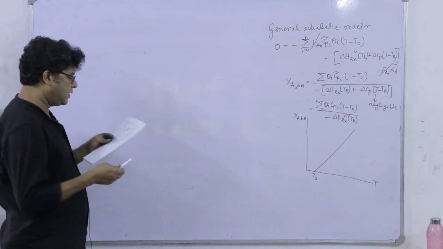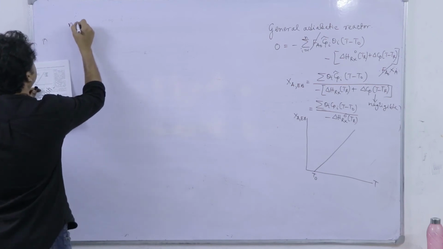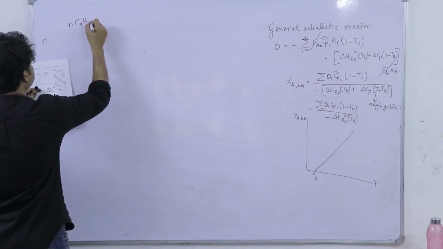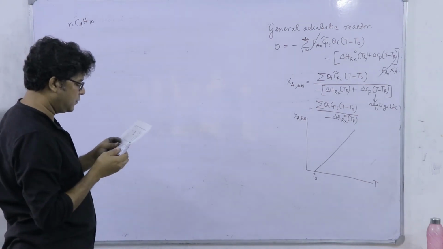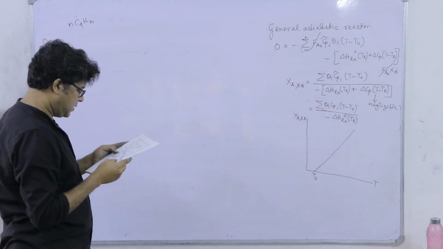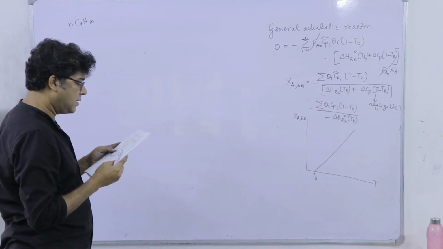So what is the problem? Normal butane, n-C4H10, is to be isomerized to isobutane in a reactor, in a CSTR.